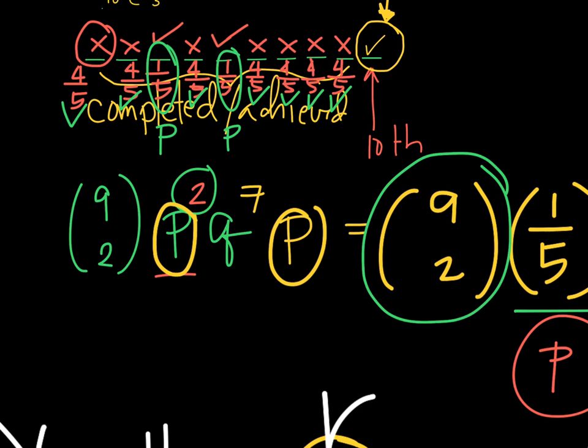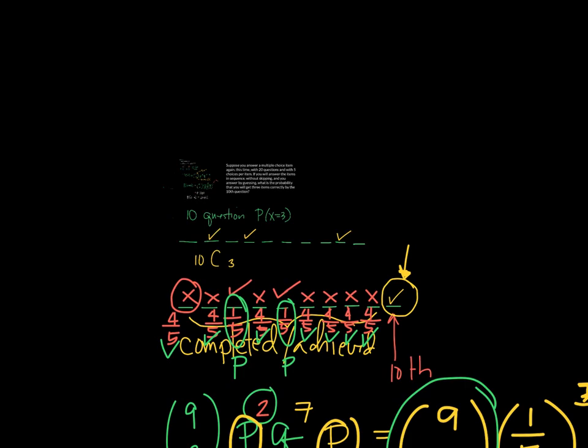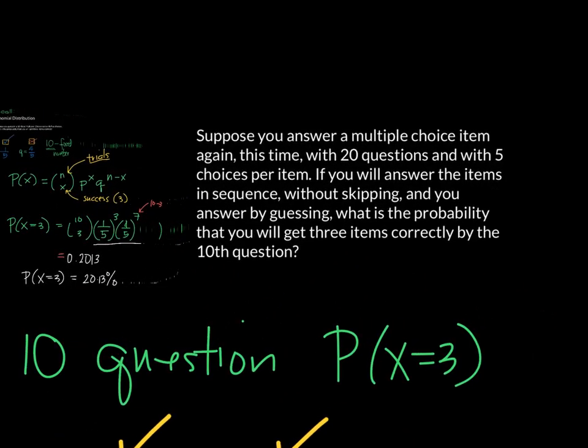Now note that I selected 20 items to answer in this problem so that you will understand that some information, even if given, should not be used in the problem unless necessary. Since our goal is only to reach the 10th question, items 11 to 20 have no part in this problem.